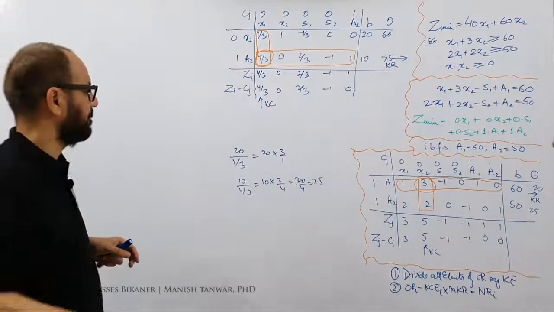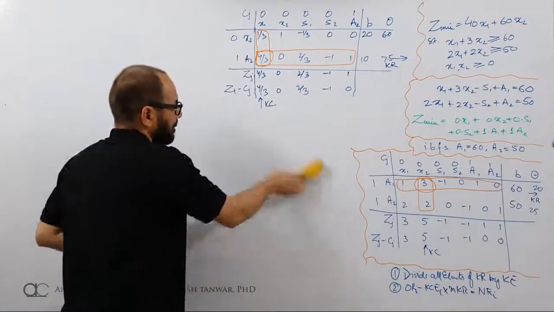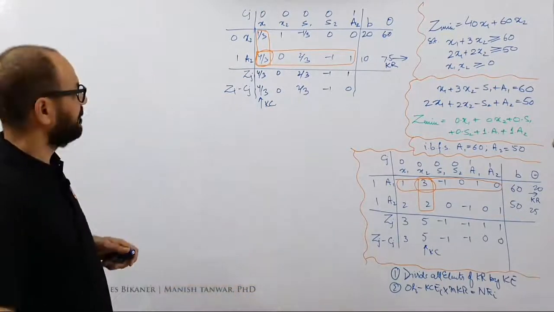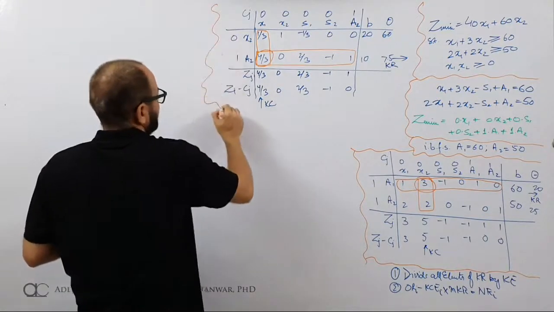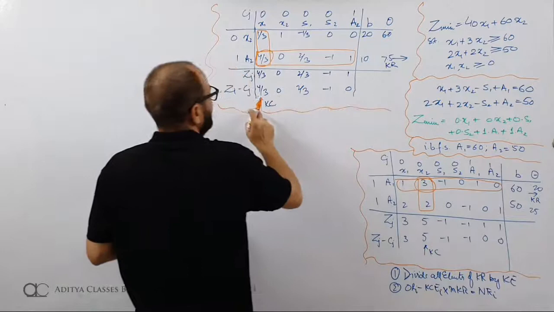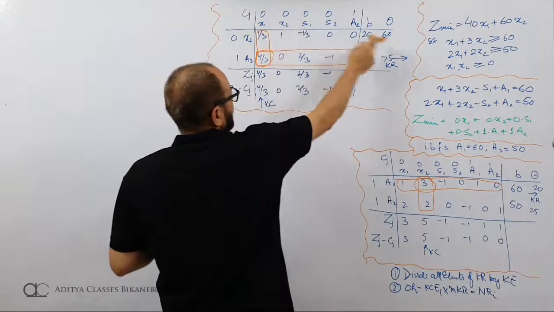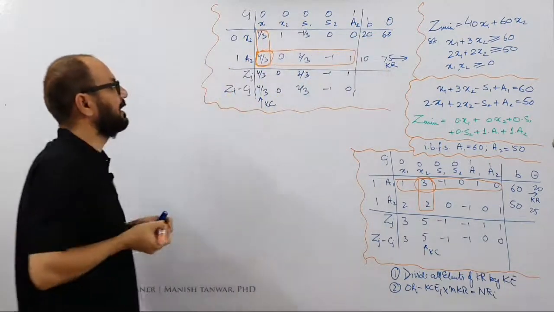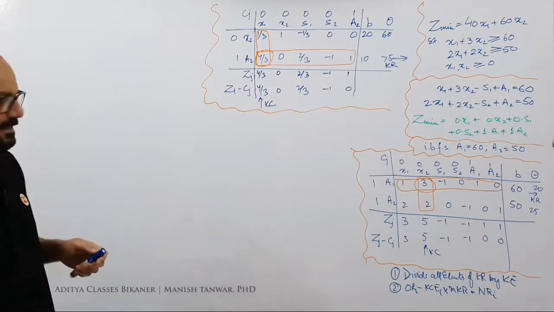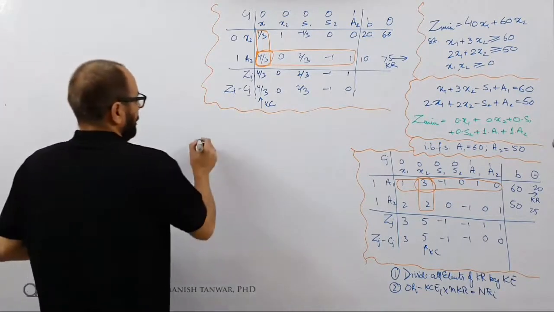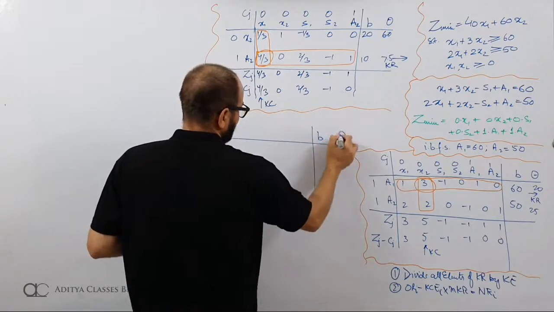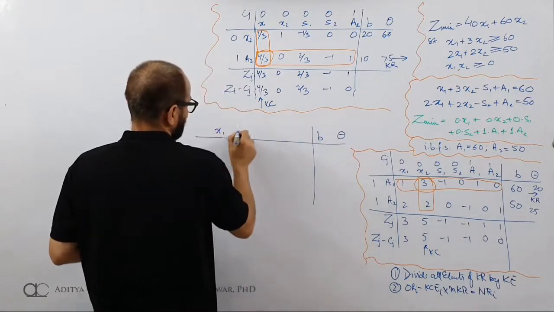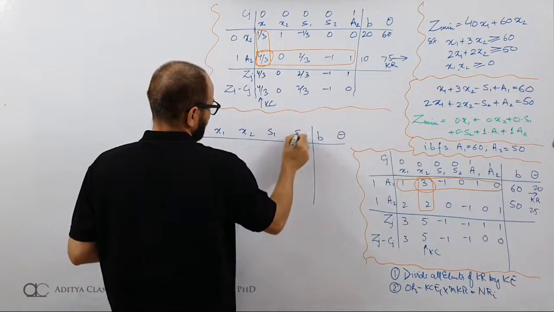So now we can move on to our next matrix. As we have our key column, incoming variable, key row, outgoing variable. X1 is coming in place of A2 this time. B and theta, X1, X2, S1, S2.